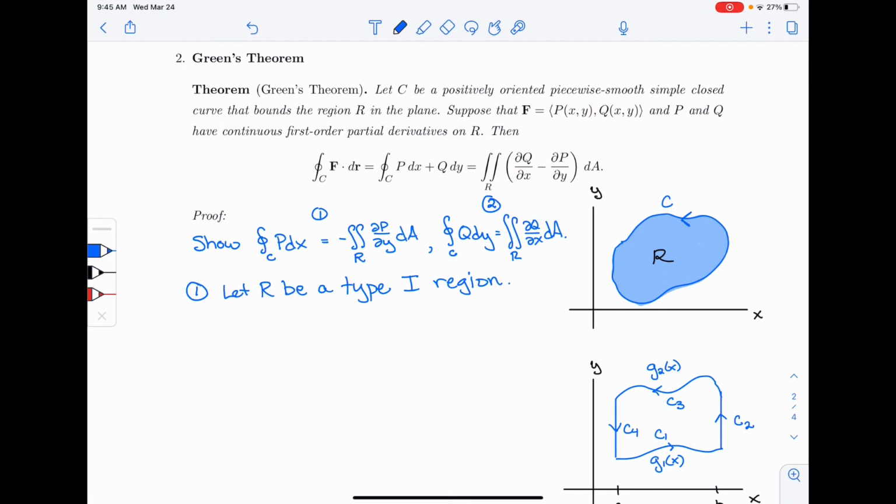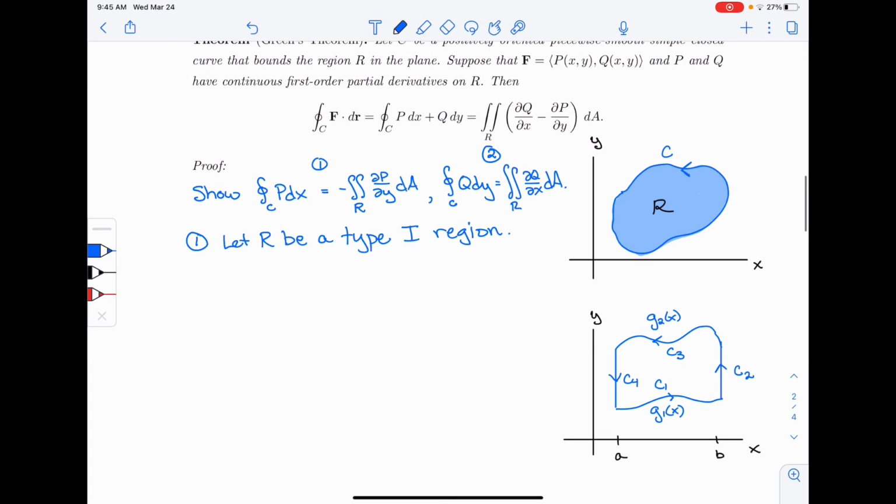So what I've done is I've drawn a type 1 region for you. So we'll remember that this is our general type 1 region. Basically, the lower edge and the upper edge are defined by two functions, g1 and g2 of x, right? And then the left and right edges are vertical lines.